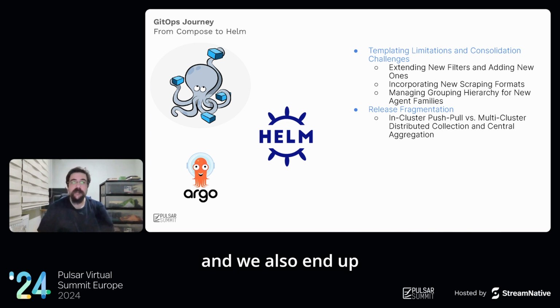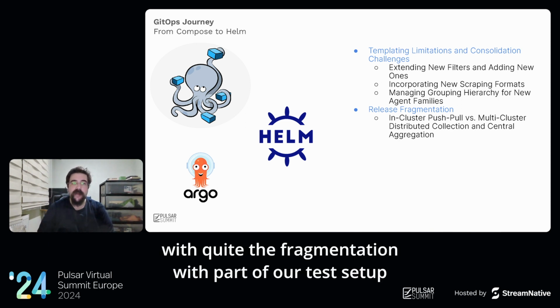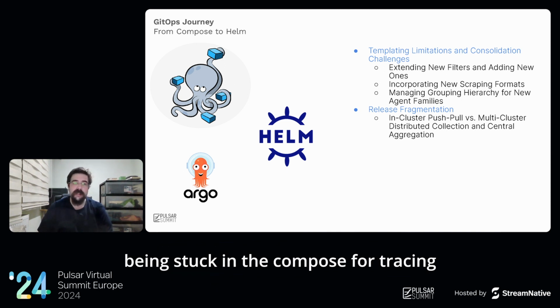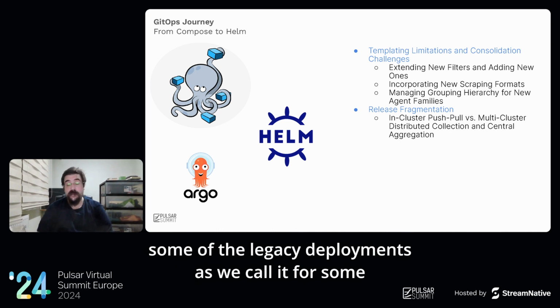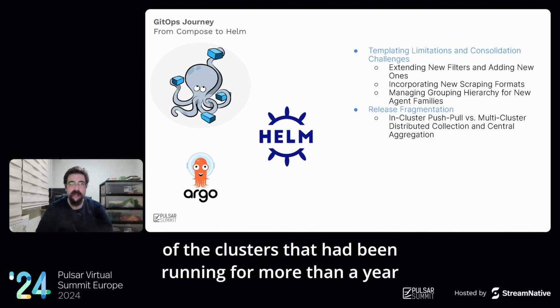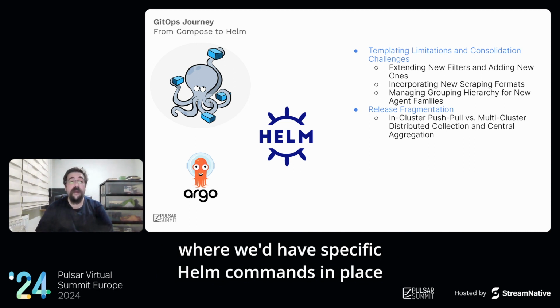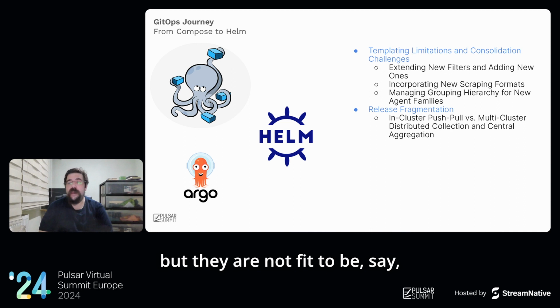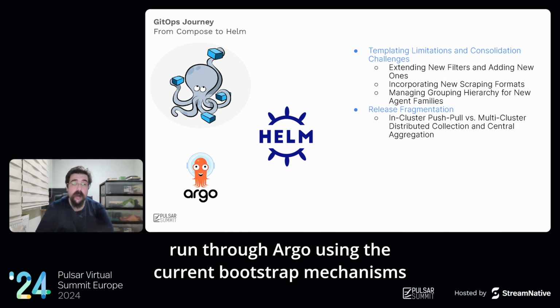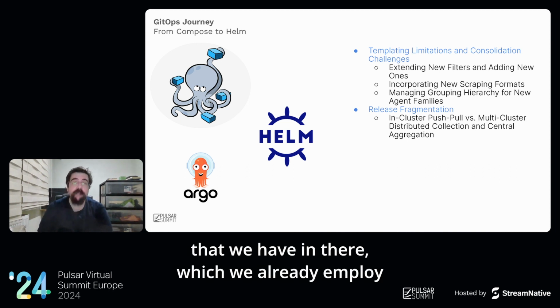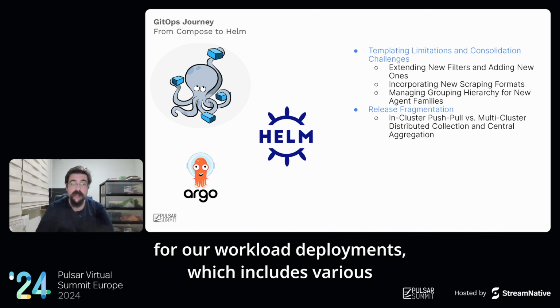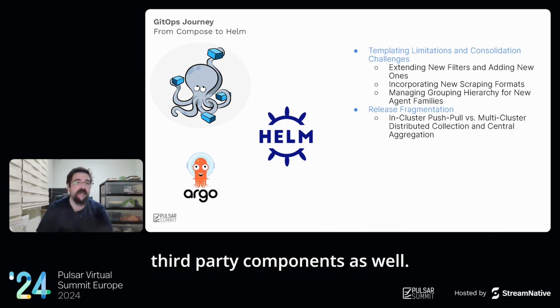And we also ended up with quite the fragmentation, with part of our test setup being stuck in compose for tracing, or with some of our deployments, specifically some of the legacy deployments, as we call them, for some of the clusters that had been running for more than a year, where we'd have specific helm commands in place, but they are not fit to be run through Argo using the current bootstrap mechanisms that we already employ for our workload deployments, which include various third-party infra components as well.